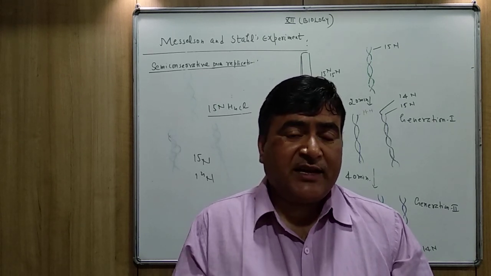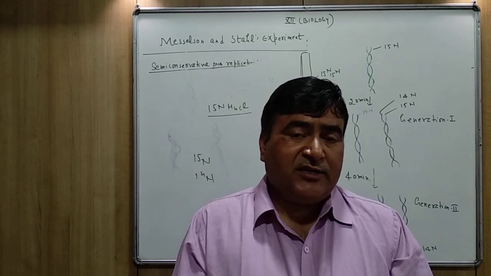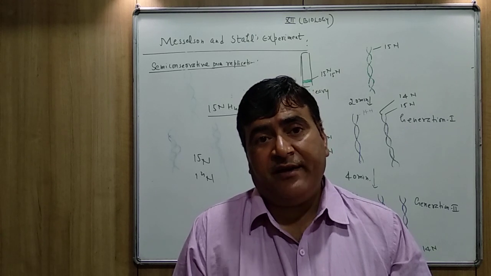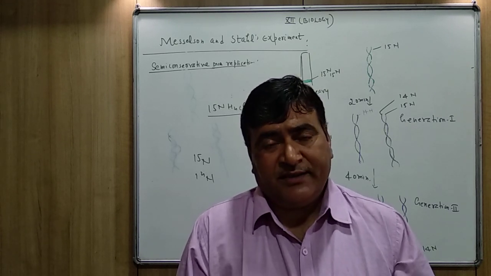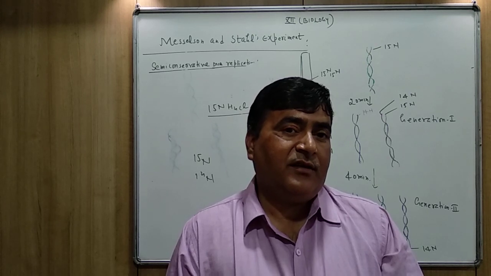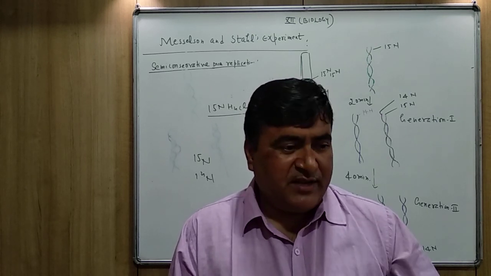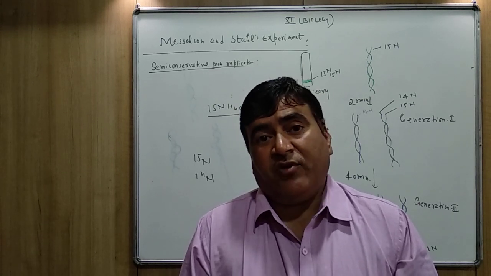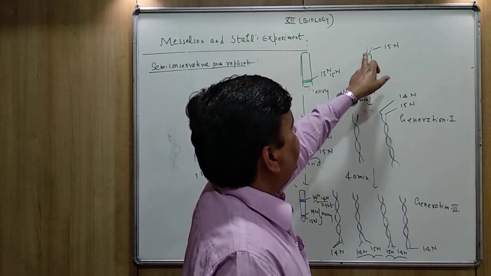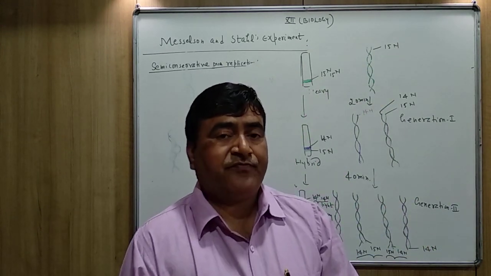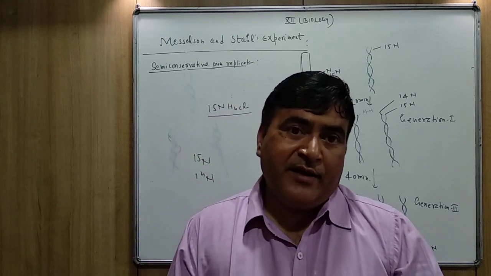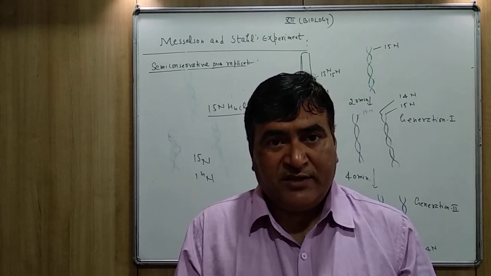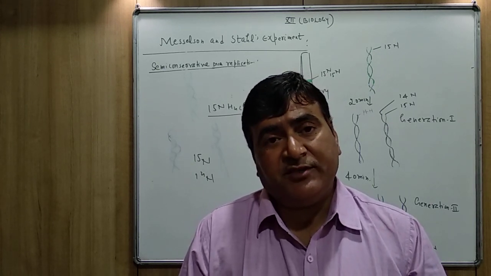So first he used in the culture medium the heavy isotope 15N, and he cultured the E. coli bacteria for several generations, and all the E. coli bacteria, their DNA molecules were retained by the 15N heavy isotope.